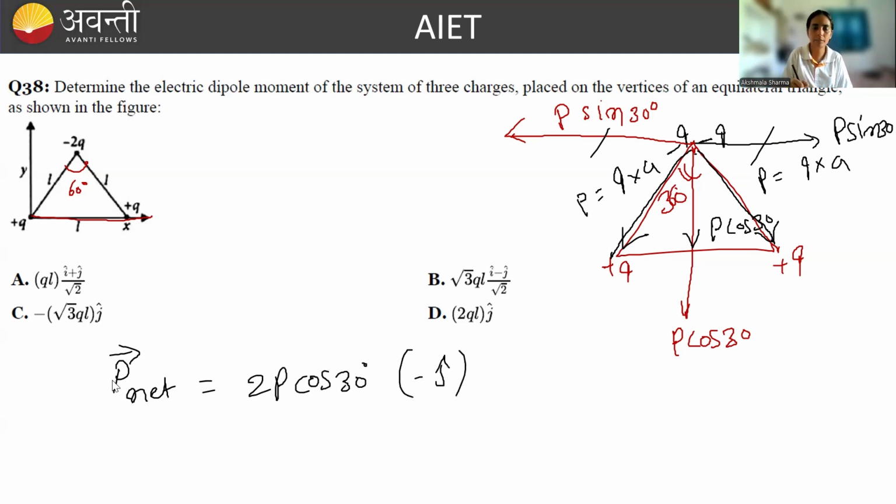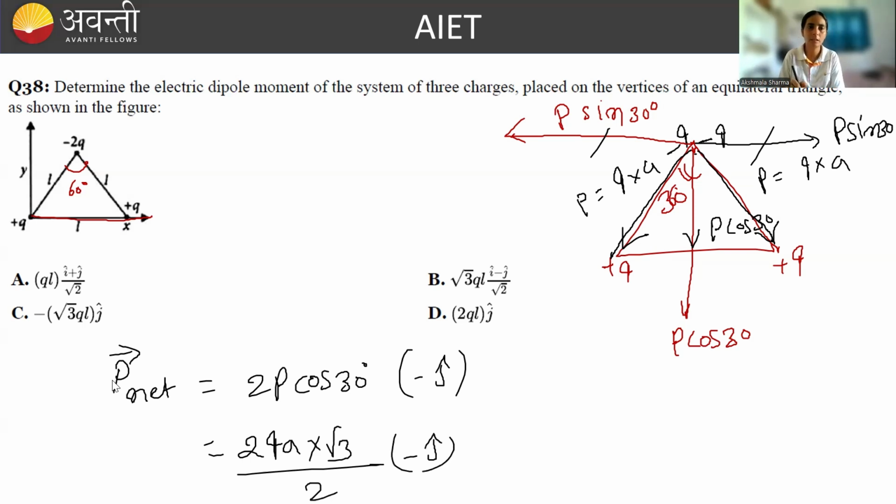In minus j cap direction. So this is 2qa into root 3 by 2 minus j cap. So the correct answer will be minus root 3 aq j cap, in minus j cap direction.